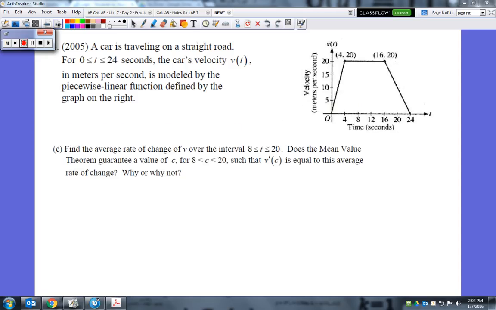Write a piecewise. No, that's too easy. Let's go to C. Find the average rate of change from 8 to 20 seconds. What'd you do?